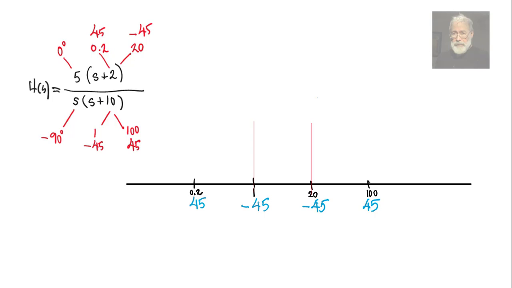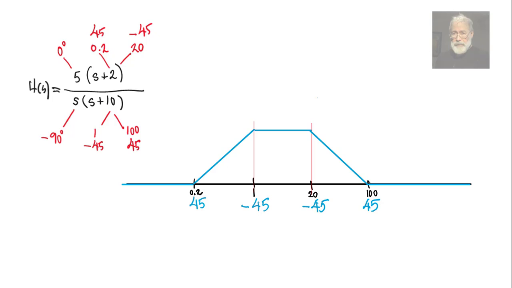We know that a phase plot will enter from the left horizontally, like this. At 0.2, the slope increases by 45 degrees per decade. At 1, it decreases by 45 degrees per decade. At 20, it decreases by another 45 degrees per decade. And at 100, it increases by 45 and leaves horizontally, as it should.